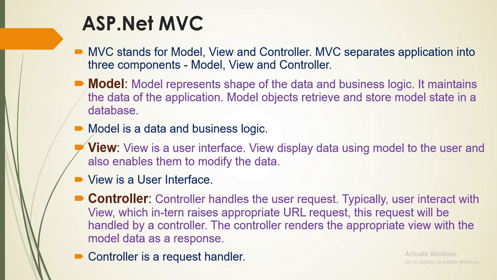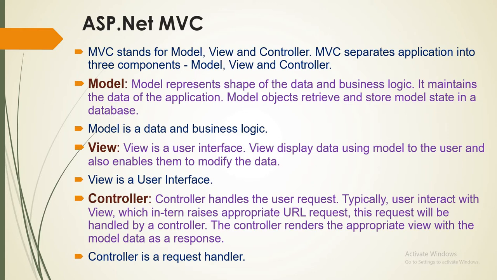So why are we using model? Model is nothing but we are just adding a class in this model folder. There are some folder structures. I will tell you all the things one by one. So first you need to understand what is model. So model represents the shape of the data and business logic.